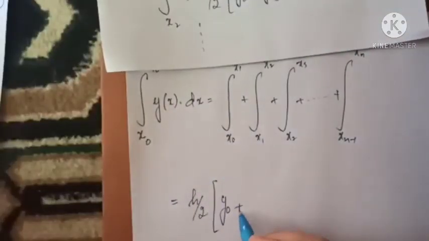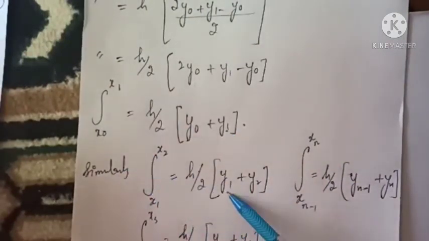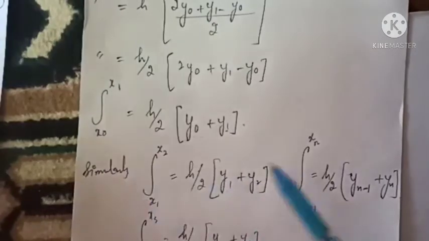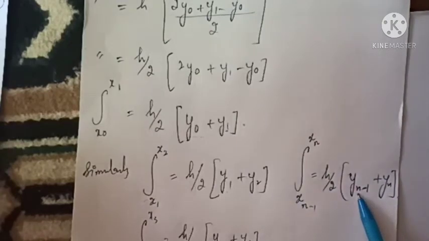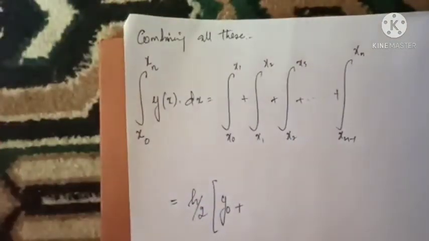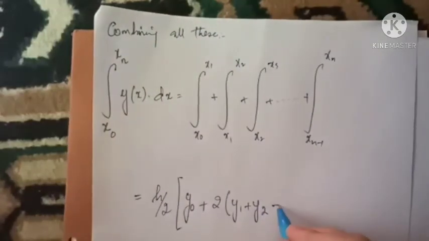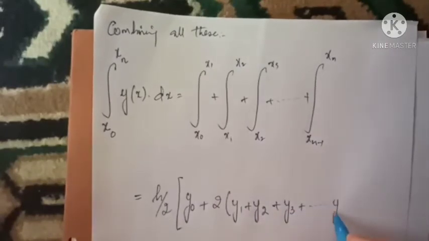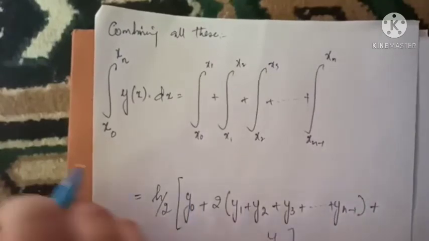So this is y0 plus, then if you observe, there is a y1 in this integral and y1 in that integral, y2 in this integral and y2 in that one. That means from y1 up to y of n minus 1, it is going to be repeated in each and every integral. So what we are going to write over here is twice y1 plus y2 plus y3 and so on up to y of n minus 1, and plus y of n, because that will be only in the last integral.